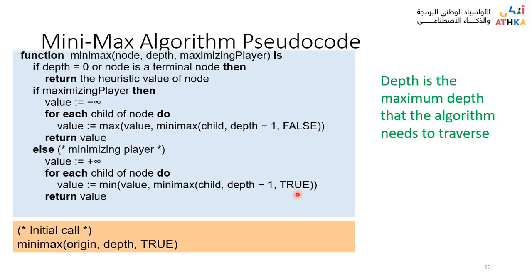So now the depth is 1. And then go ahead and when you reach 0, you return the heuristic, or the value that is the utility of the node itself, and recursively these will be given back to the minimizer, to the maximizer, and then the maximizer would know which choice to select.